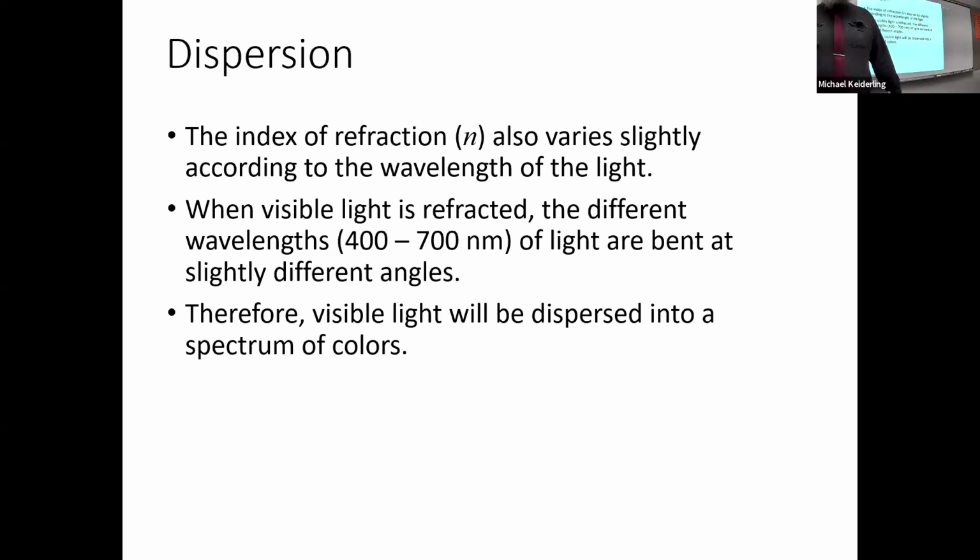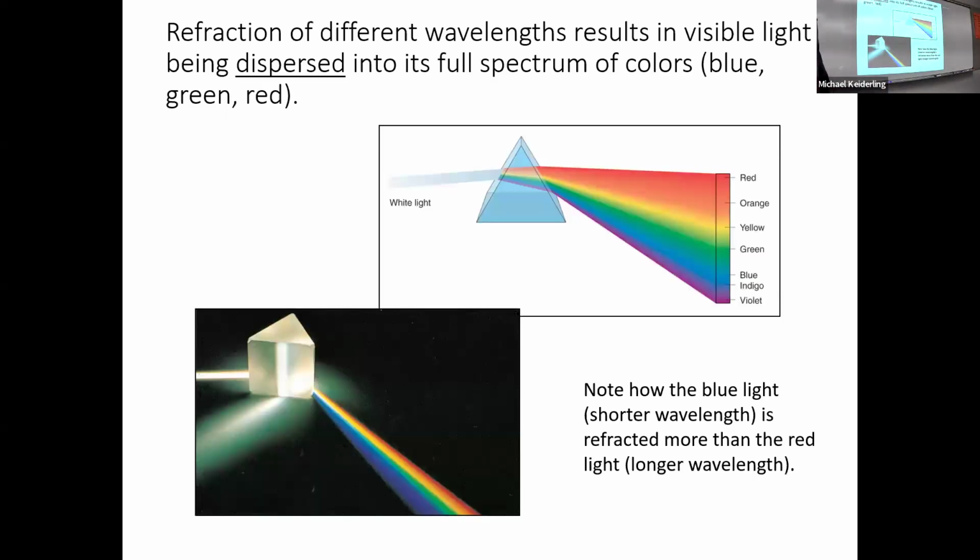Dispersion is happening, but the different colors you are seeing are not all from the same raindrop. You're seeing different raindrops. But it does have to do with dispersion. Same effect, refraction, dispersing light into its full spectrum of colors. But you're seeing the pattern of millions of raindrops doing that.